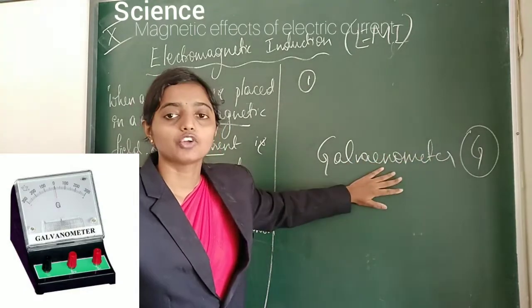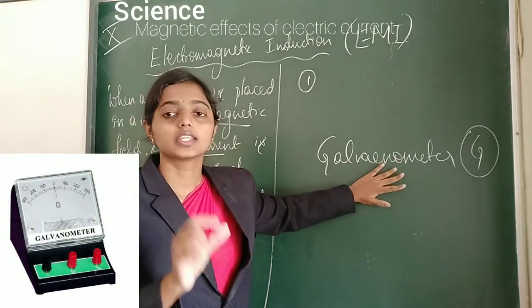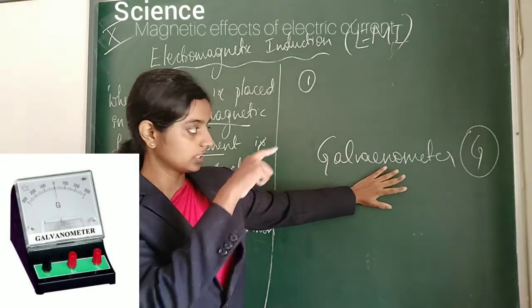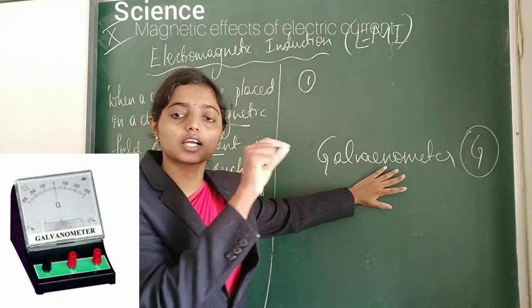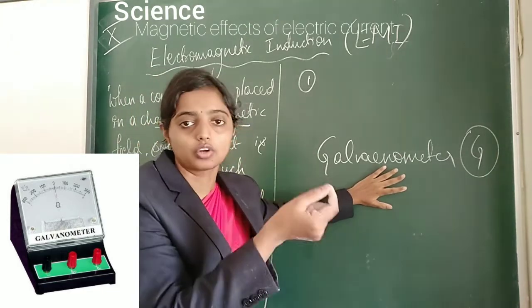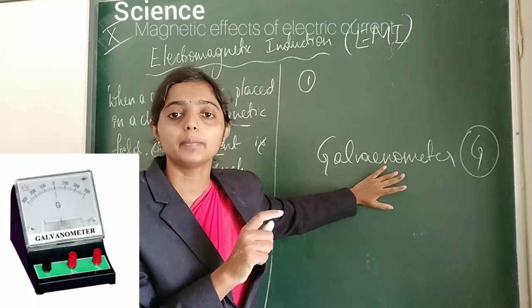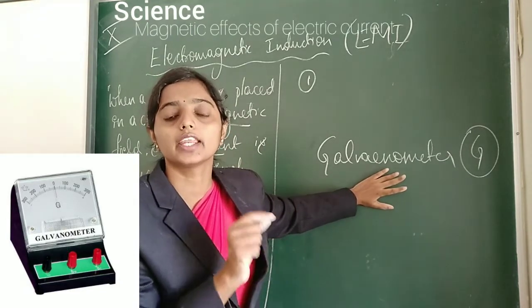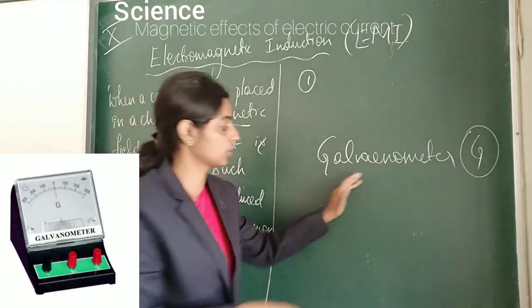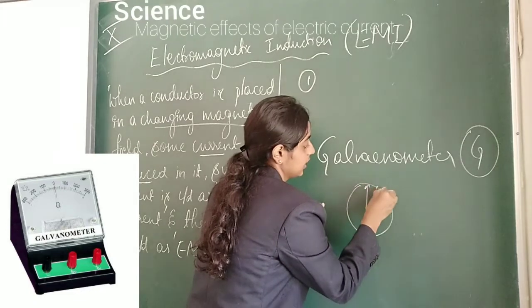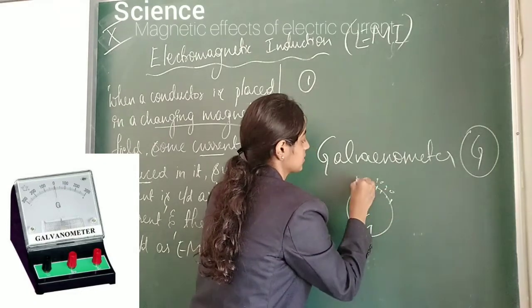The role of galvanometer is it shows the presence of current in a circuit. So if we have a galvanometer, it shows whether there is a current in the circuit or not. And one more property of this galvanometer, at the same time it will show the direction of current. So this is a device. Here we have a meter, maybe some 10, 20 like this.